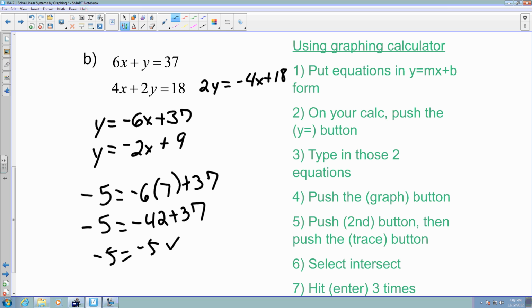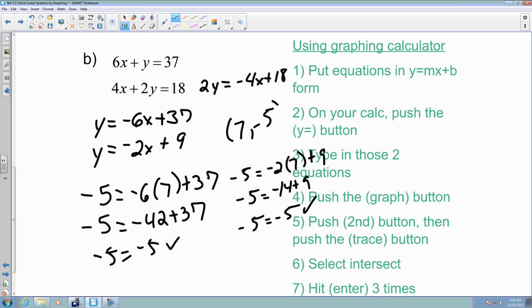So that checks. And negative 5 equals negative 2 times 7 plus 9 gives negative 5 equals negative 14 plus 9, and negative 5 equals negative 5. So that checks out. So 7 comma negative 5 holds to be a true statement.